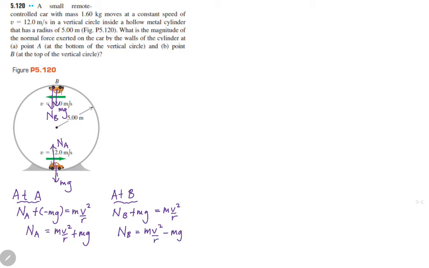One of the first things to observe is that the normal force at A, because there's a plus mg, its value is going to be greater compared to the normal force of the car at B, where you can see there's a minus mg. I don't know whether you've traveled down a curve in a car.